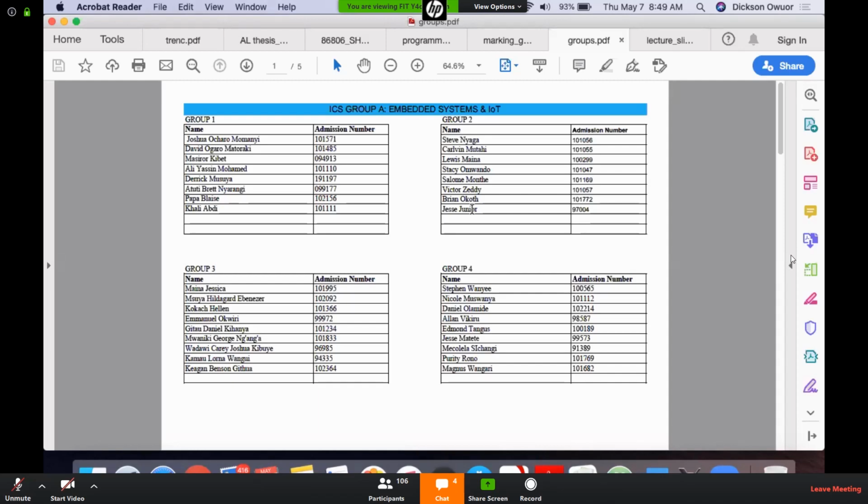Okay. Anyway, I don't want to give hints to the next two groups that are presenting, but when we covered the embedded system, we talked of a network. You remember we talked of bus topology. So it means that embedded systems can also talk to each other.